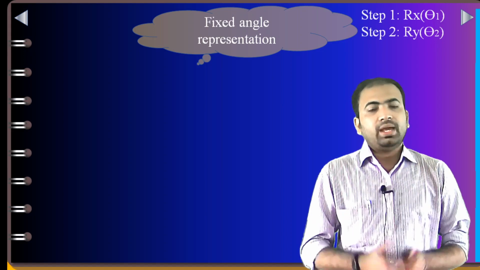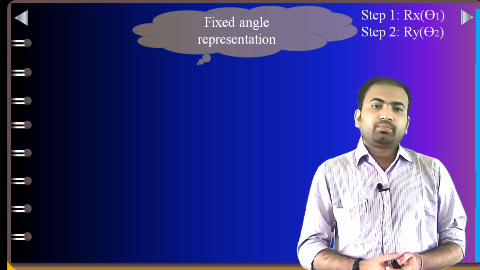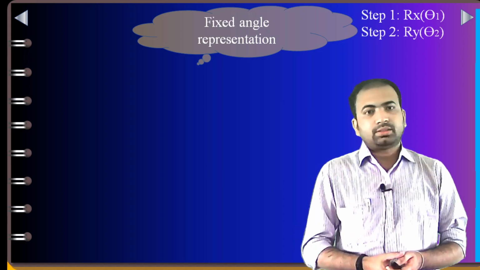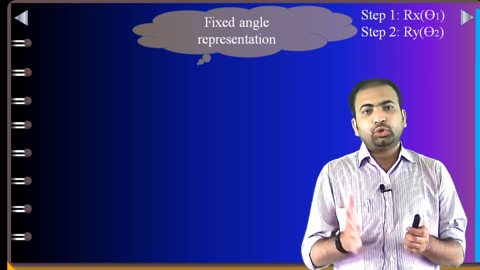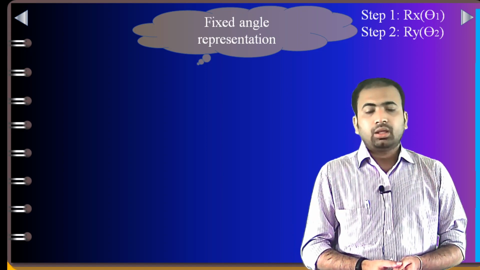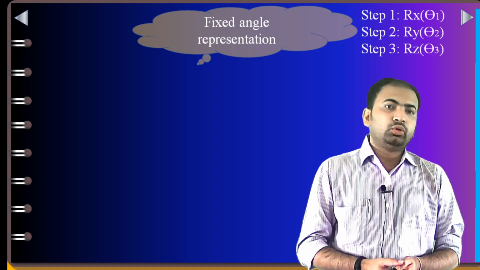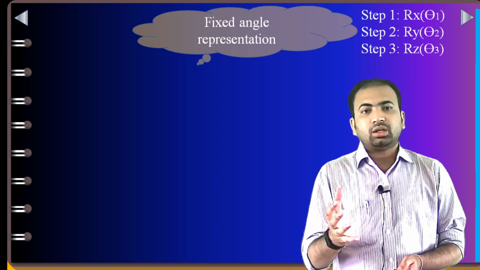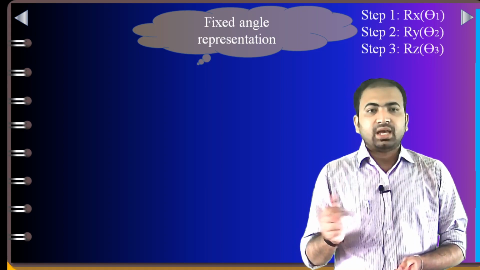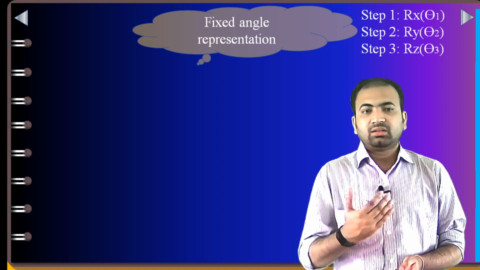Secondly, we have to rotate about the y axis by an angle theta 2, and next we have to do a rotation about the z axis by an angle theta 3.